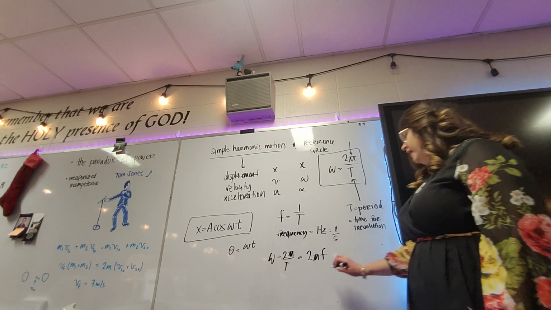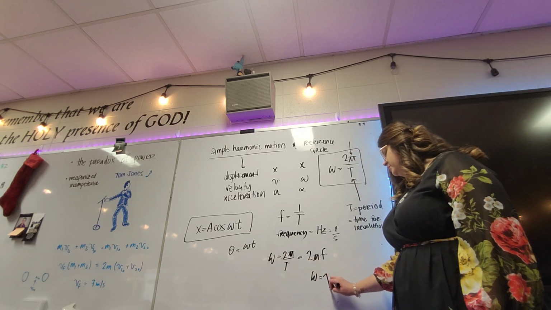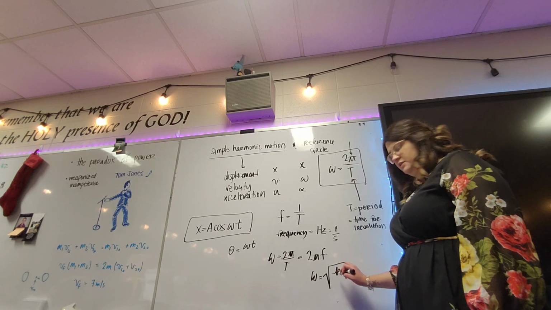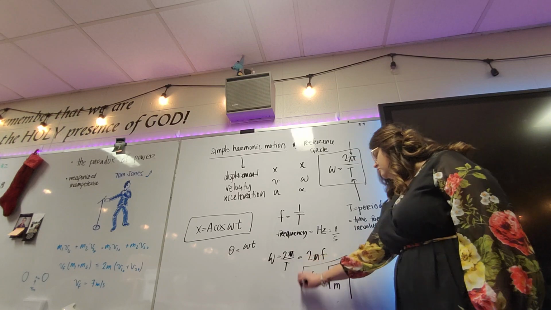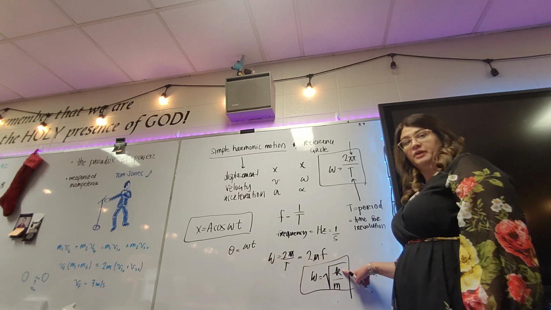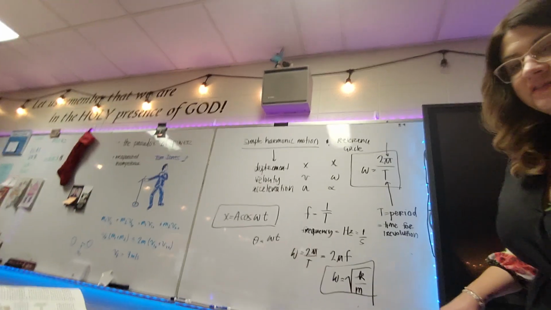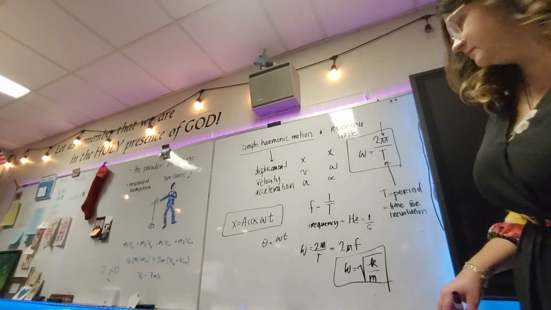And then the last thing that you need to know is probably the most important part of this whole lesson. You can also find an angular velocity using what you know about the spring and the mass of the object attached to the spring.